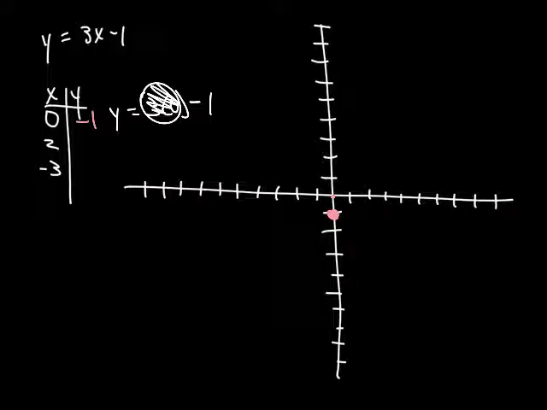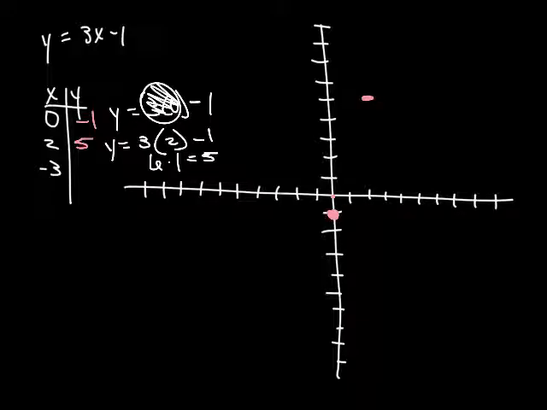Let's plug 2 in. y equals 3 times 2 minus 1. So that's going to be 6 minus 1, which is 5. So when x is 2, y is 5. And we go over 2 and up 5. 1, 2, 3, 4, 5. And we end up about right there.